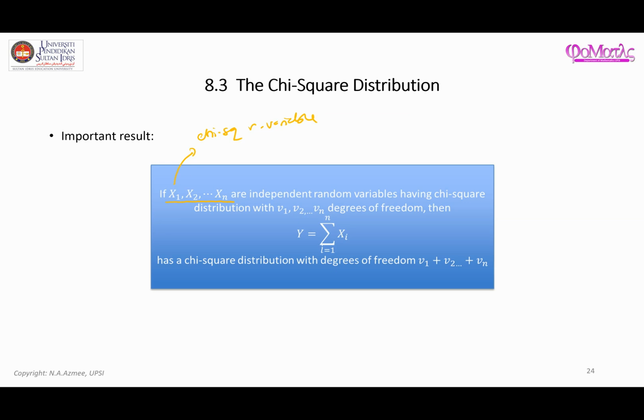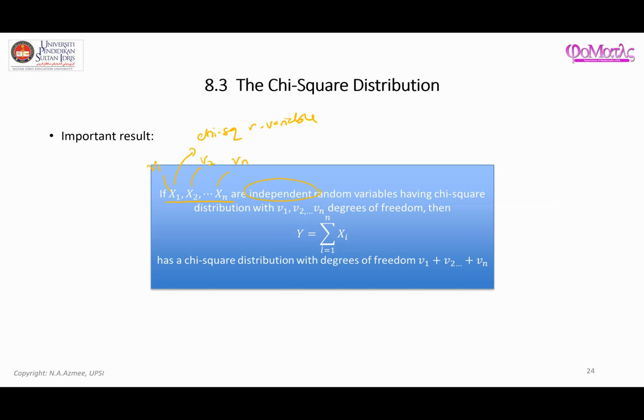Therefore, each of them has its own degrees of freedom. For example, X1 might have some degrees of freedom V1, X2 has its own degrees of freedom, it can be similar or totally different, and Xn will have its own degrees of freedom. So they all have different degrees of freedom.